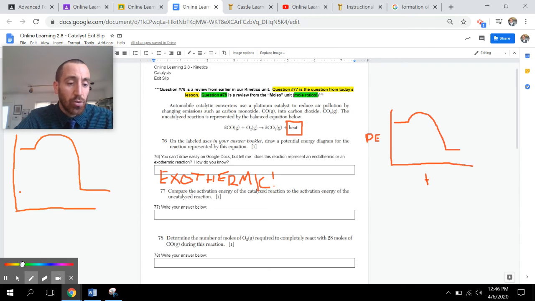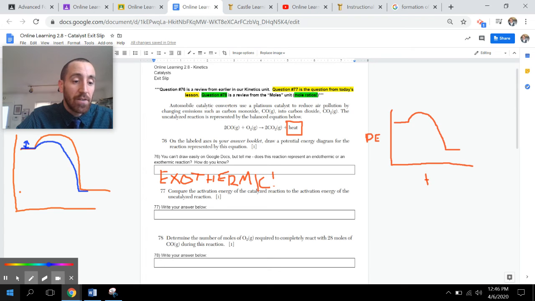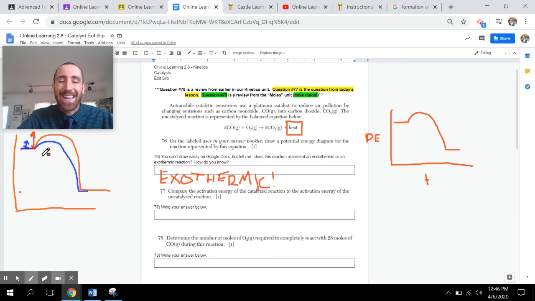And if I did it in green, I'll do it in blue for the catalyzed reaction. You start at the same place, but you take a pathway with a lower activation energy and you end at the same place. So the activation energy of the catalyzed reaction is going to be lower than the activation energy of the uncatalyzed reaction. That was the answer I was looking for there. Okay. Notice the activation energies are lower when you add a catalyst.